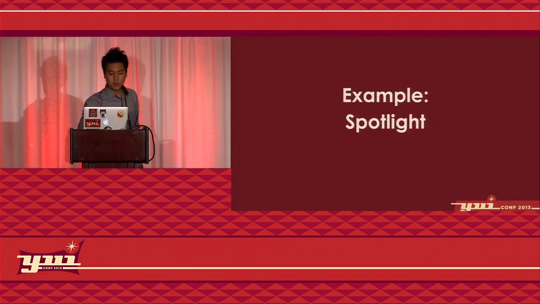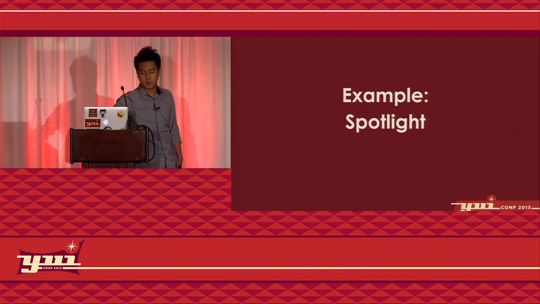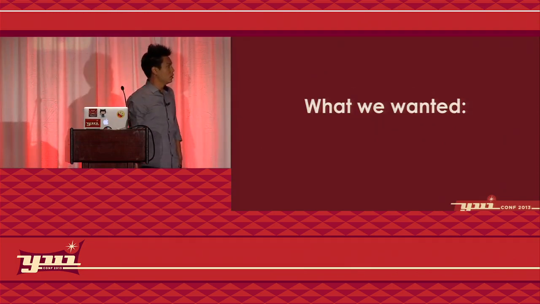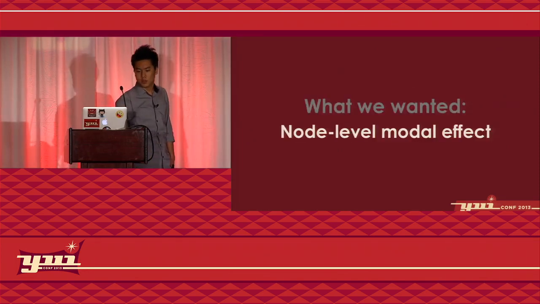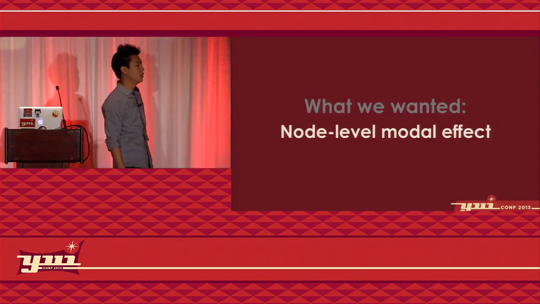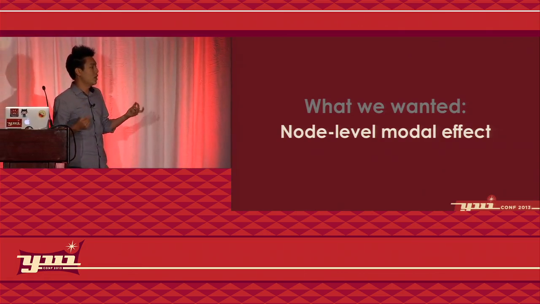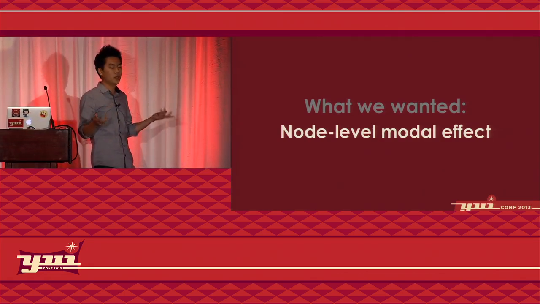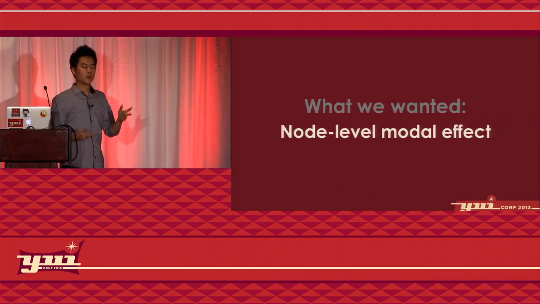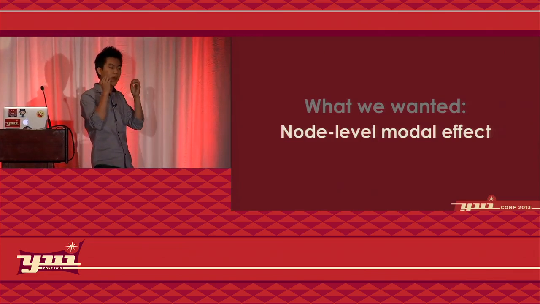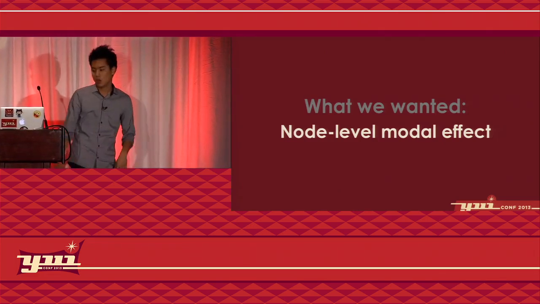And another last example I want to point out is the spotlight. What we actually wanted is basically a node-level modal effect. There's a lot of editing going on in our application. It's a career portfolio management platform, and users want to edit their contents freely and dynamically, but there's a lot of things going on in different places, so we actually want to grasp the user's focus.